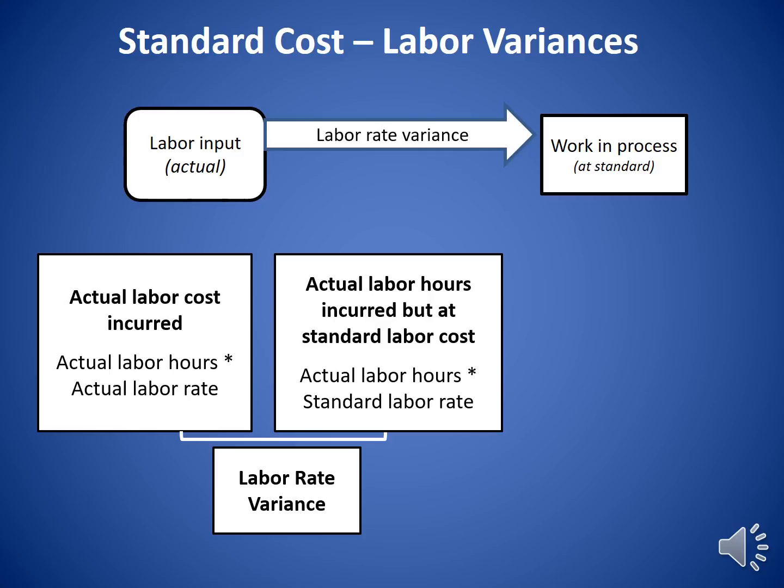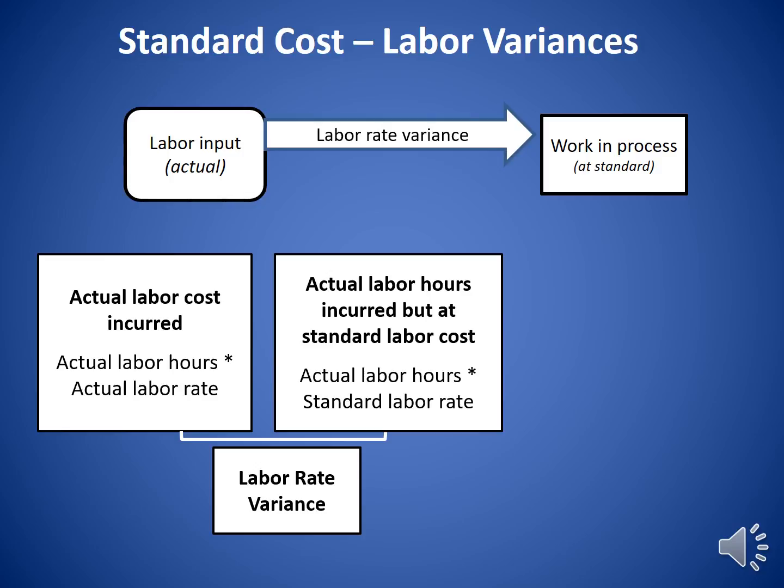On the right-hand box, we have our actual labor hours incurred, but now we convert those actual labor hours in terms of cost to standard labor cost. So on the left side, this is our actual payroll, and on the right-hand side, this represents the payroll we expected to pay, because we expected to pay at a certain hourly rate.